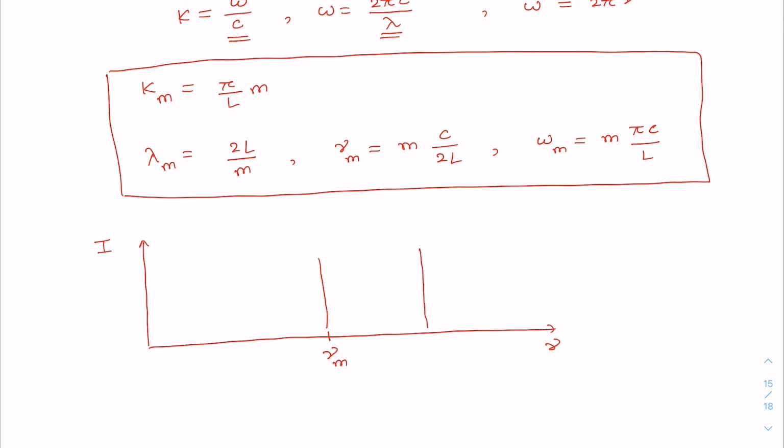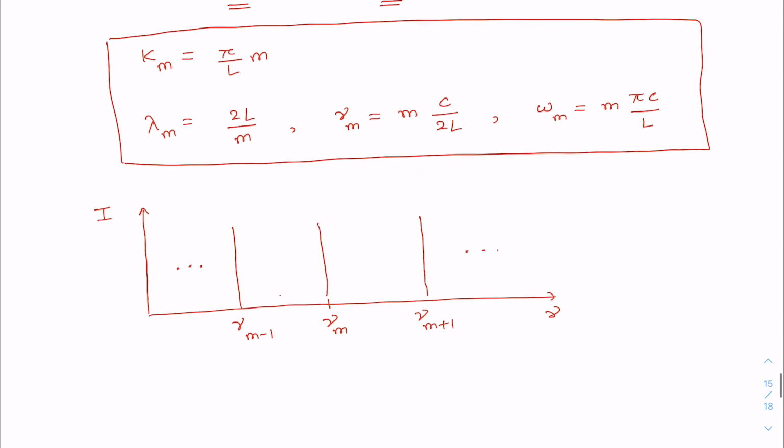Or if it satisfies nu_m plus 1, then also you will have a peak. In between, there will not be any radiation, because the resonance condition is not satisfied there. Similarly nu_m minus 1, and so on. You will get a lot of peaks.